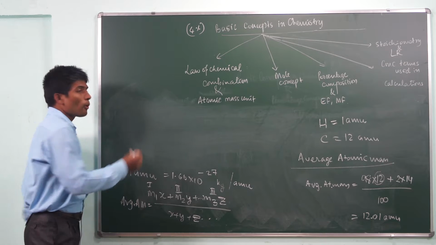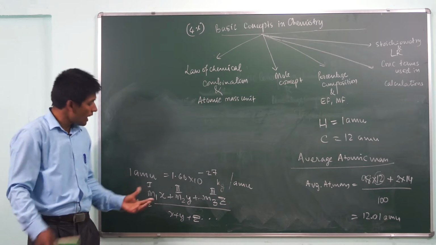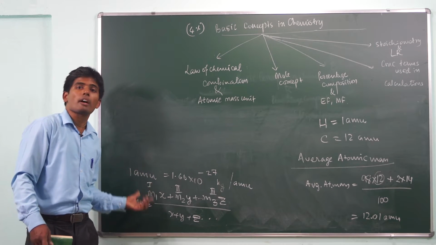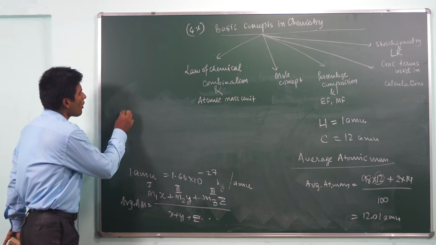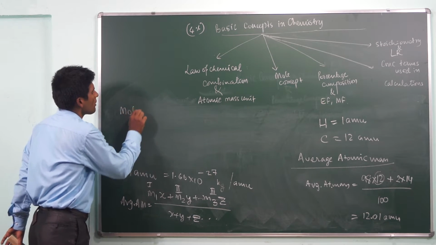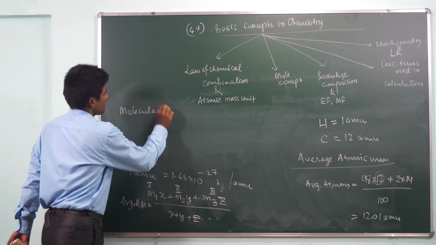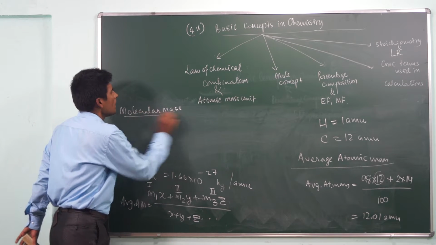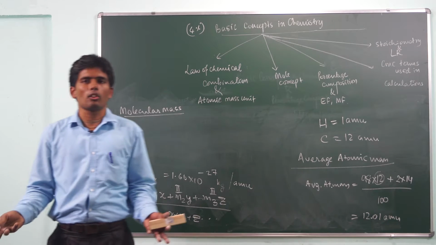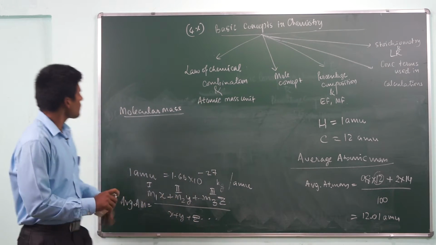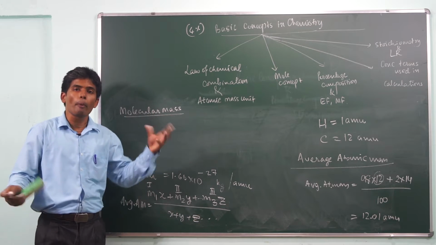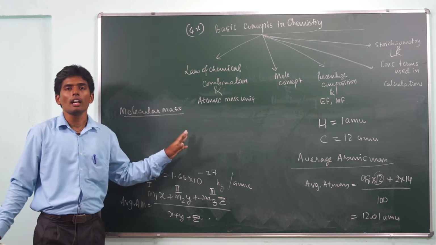When we have compounds, naturally we cannot discuss atomic mass unit, because atomic mass unit is only for elements. So when we have a compound, we have something called molecular mass, because every compound is a molecule. A compound is a collection of atoms, which is a molecule. So the mass of a compound is taken as molecular mass.